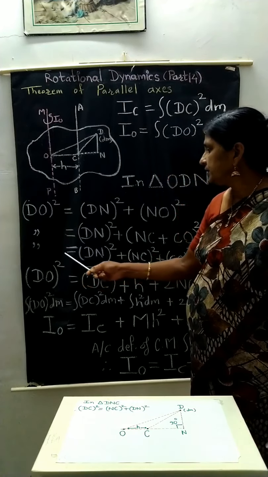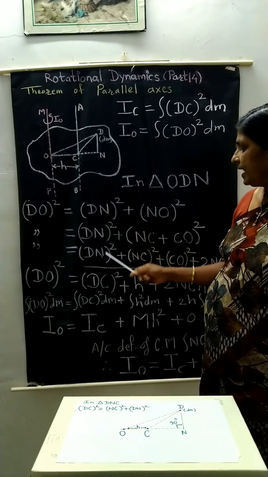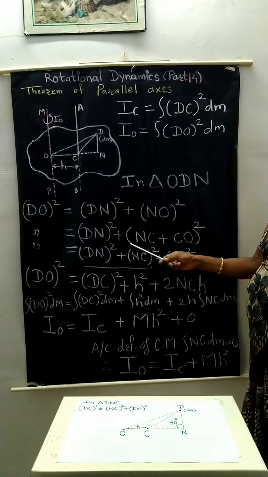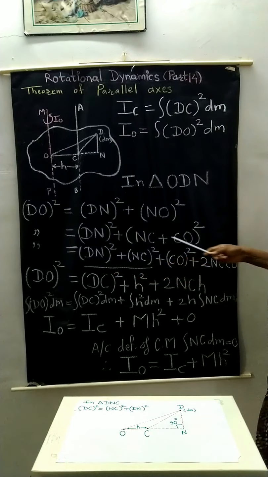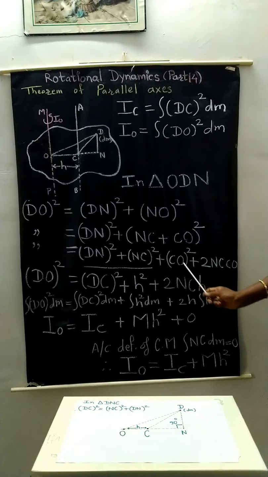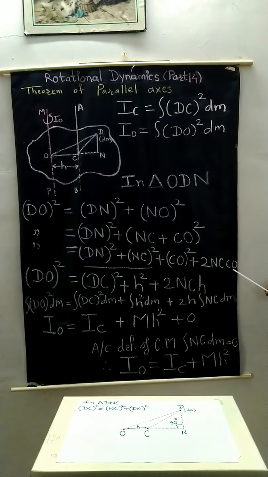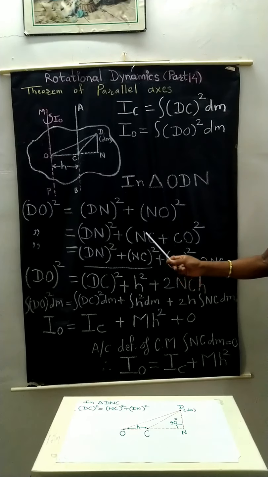DO square is equal to DN square as it is, plus we have expanded this by using the formula (A plus B) whole square is equal to A square plus 2AB plus B square. So NC square plus CO square plus twice NC times CO is the expansion of this bracket square.